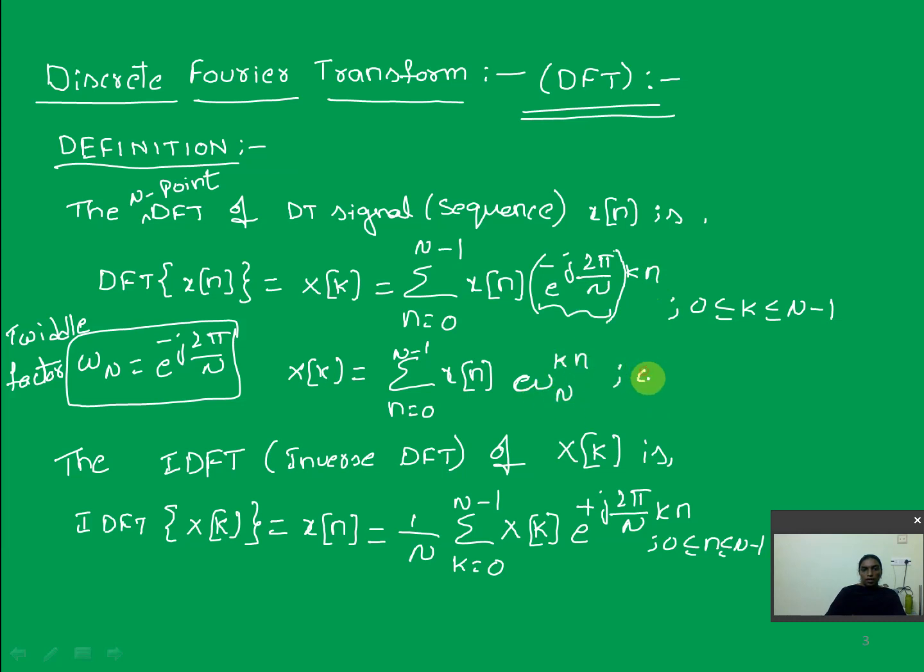Here the range of k is 0 to N minus 1. This is the formula for the DFT. We may write either like this or like this.